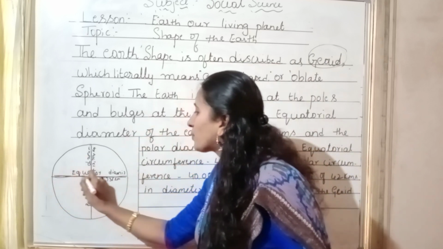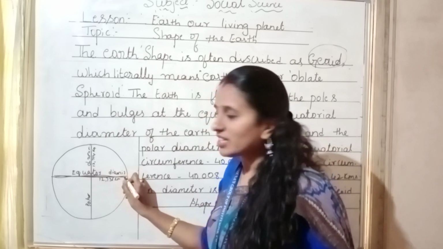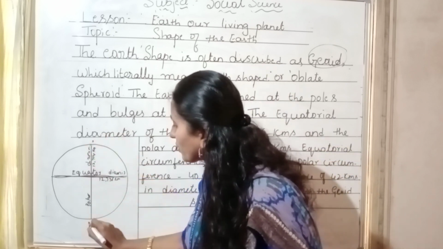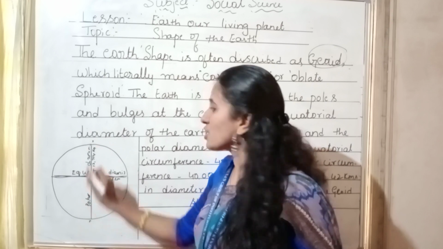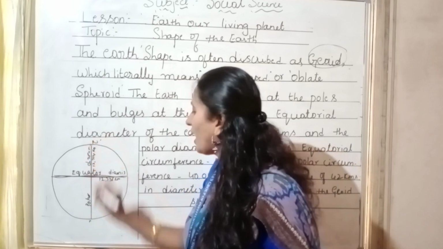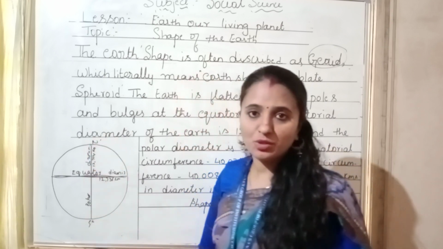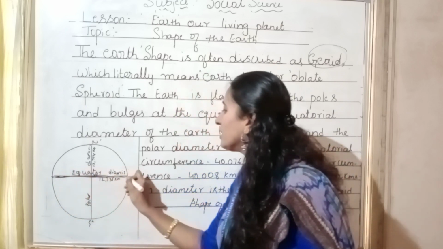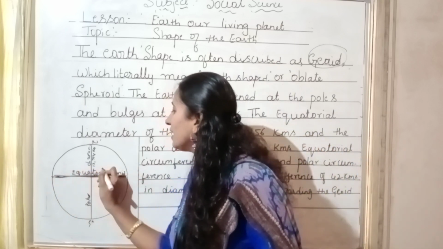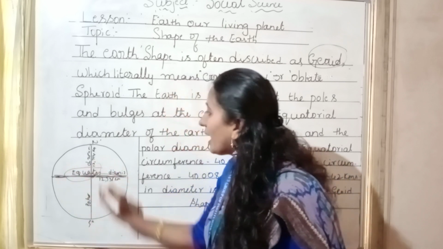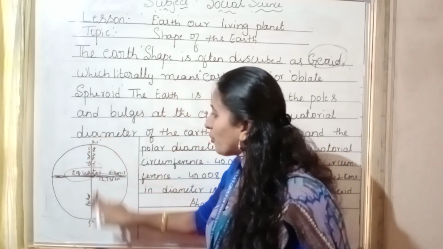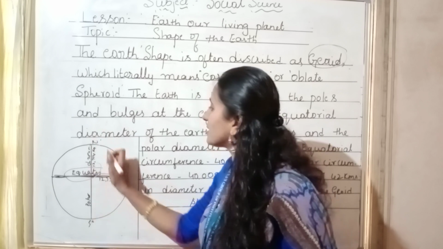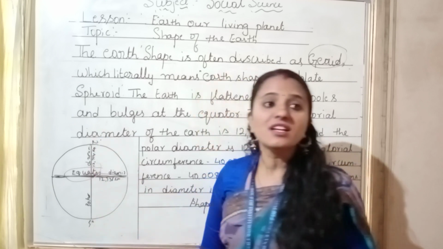The center part is considered the equator, and these end points are the poles. This is the north pole and this is the south pole. Are you getting my point, children? The middle part of the Earth is the equator, and the end parts are the northern pole and the southern pole.